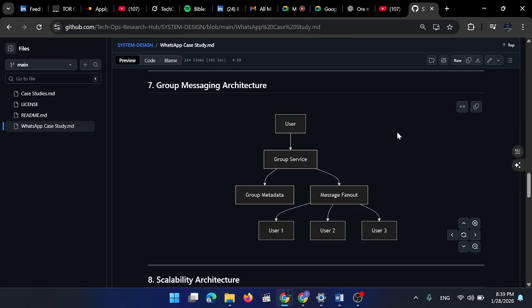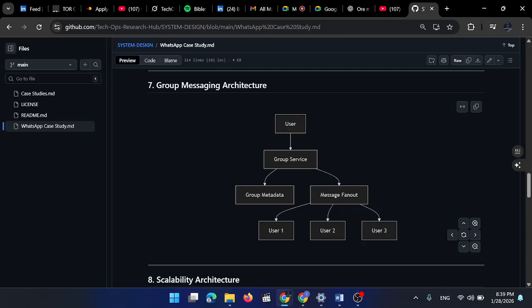As one of the people in that group, there are some procedures that your text message takes to be received by all the other users. So when you're in a WhatsApp group and you want to send a text message, there's some architecture that your message goes through to a point where all the other users get to receive your message.